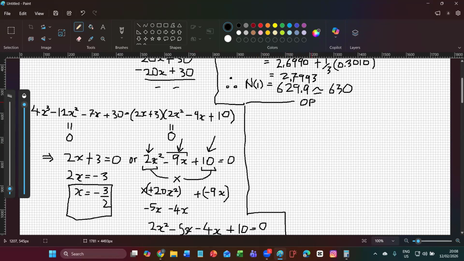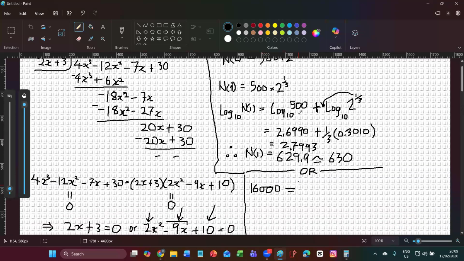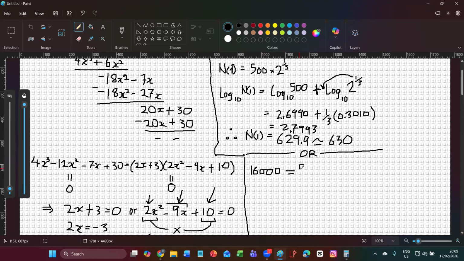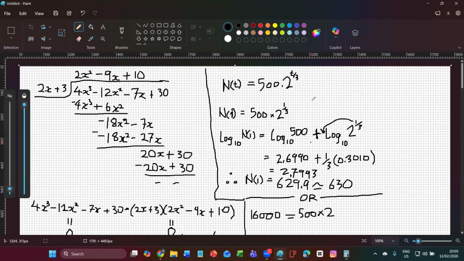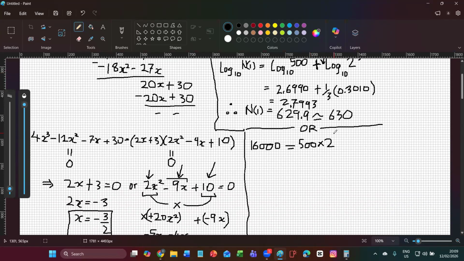But another thing we can do, let me try this method. 16,000 equals 500 times 2 to the power of c over 3.